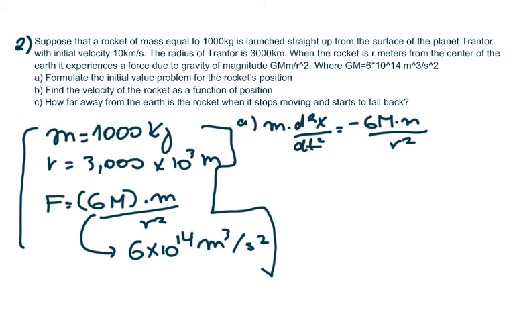So right here, as we can see, we can cancel out our mass. It's real important to take it into consideration, but at this point we can just simply cancel these things out. So we can go ahead and substitute what we were given for negative, well, for GM. So we have negative 6 times 10 to the 14th over r squared.